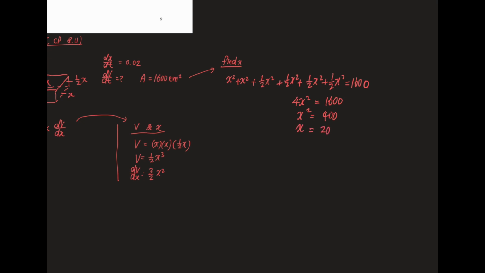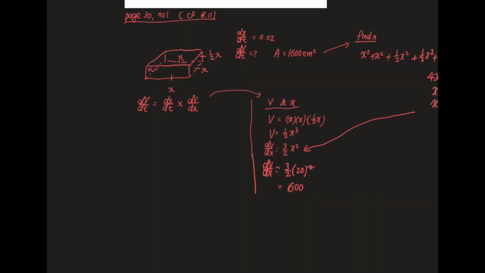So we can substitute our x value into the dv dx here. So dv dx equal to 3 over 2 times 20 squared, so we get 600. Okay, so dv dx equal to 600.